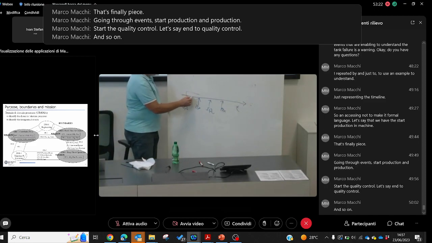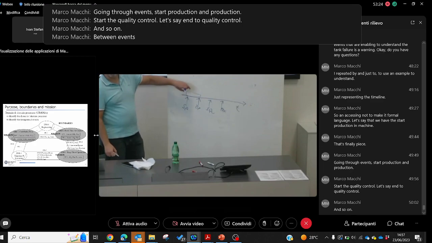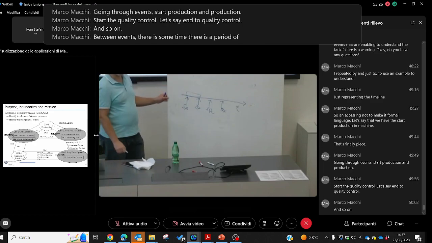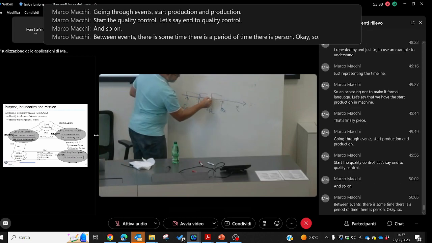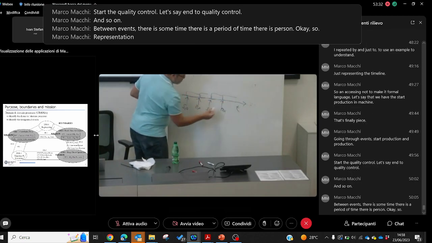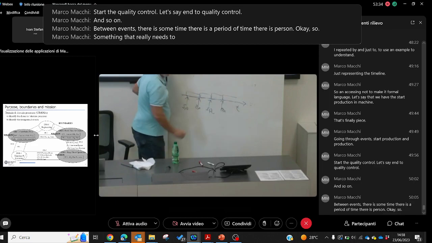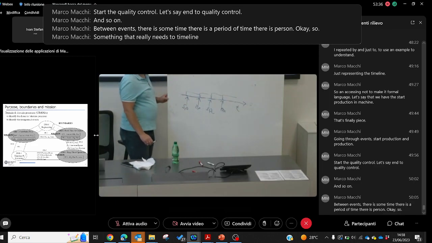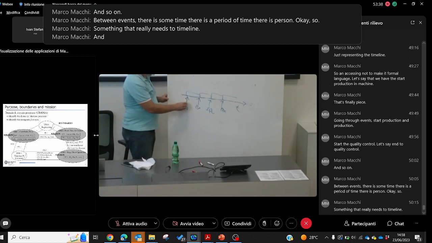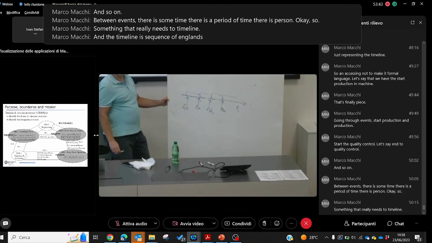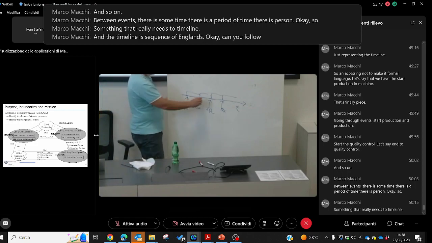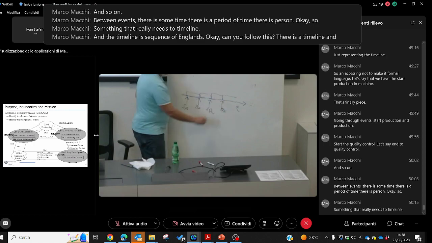Between events, there is some time, there is a period of time that is passing. So this representation tells you something that relates to timeline, first, and the timeline is tracked through a sequence of events. Can you follow this? There is a timeline and a sequence of events.